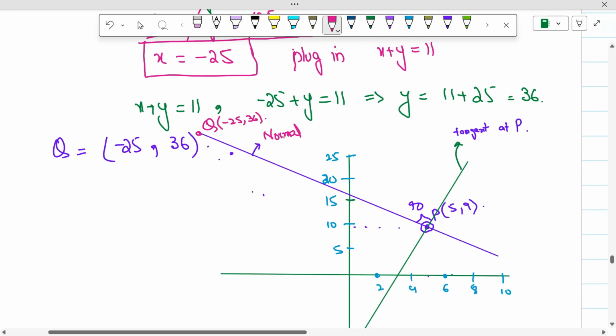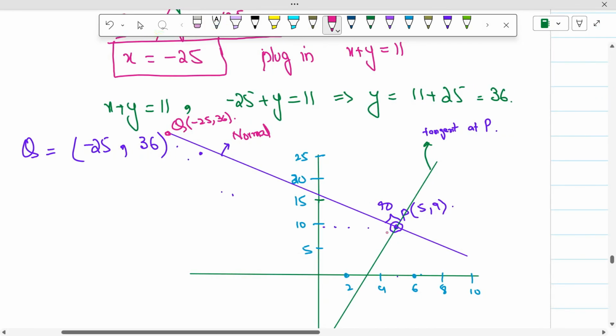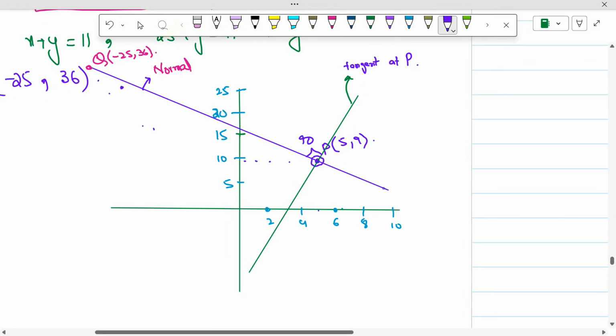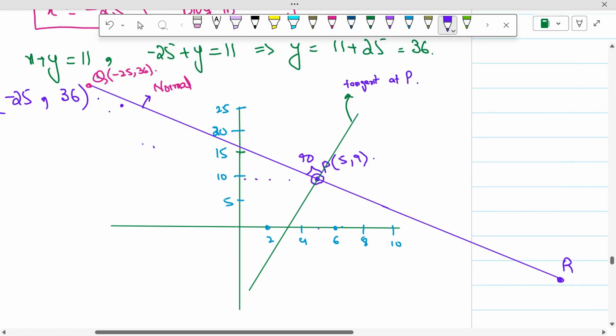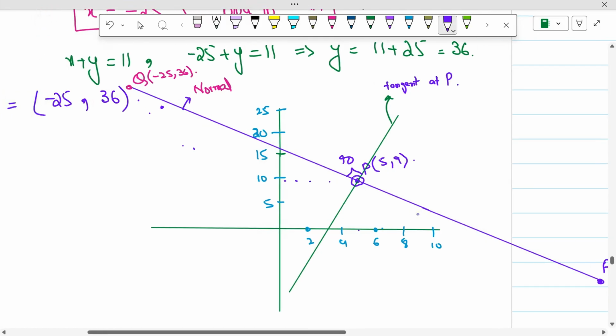Okay, we need to find the value of R, which is the reflection of Q with respect to the tangent at P. So this line, when we extend it, here we have R, which is the reflection of Q with respect to the tangent line. So P will be the midpoint of R and Q.